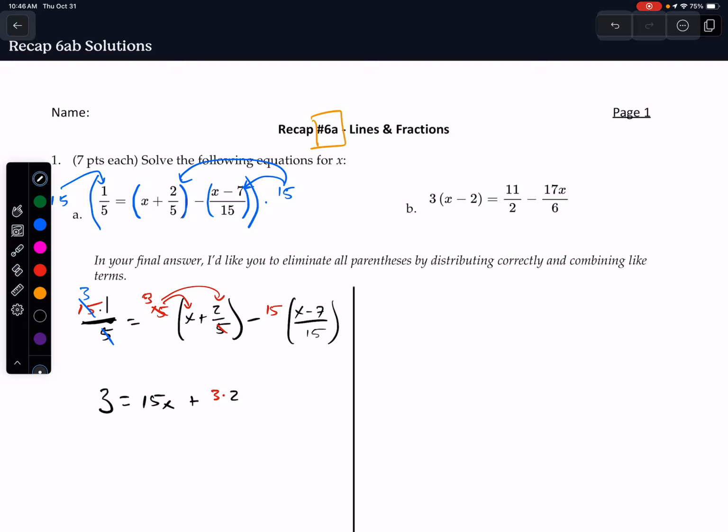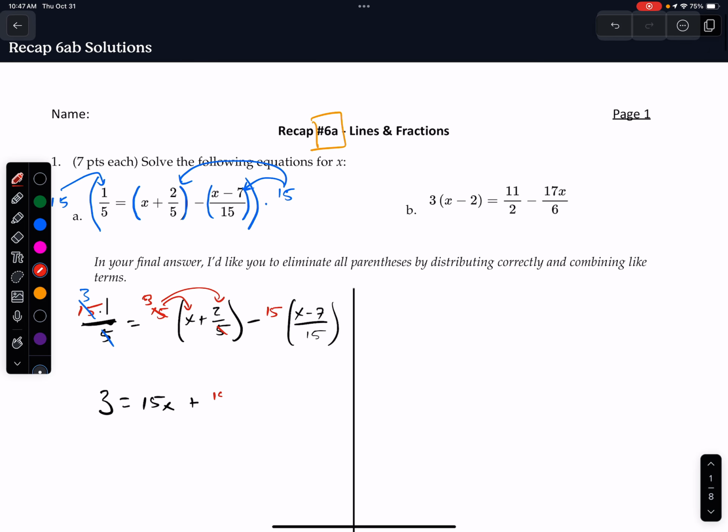I think for the purposes of being able to read this afterwards, this might be easier to read if I do it in two small steps: 15 times 2 over 5, and then I'm going to take 5, divide it in, and then we have that, and that's how we get our 3 times 2.